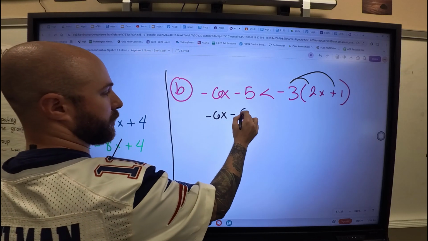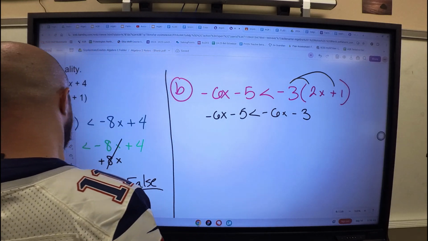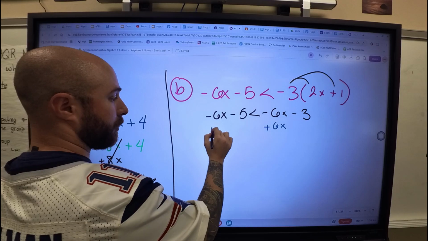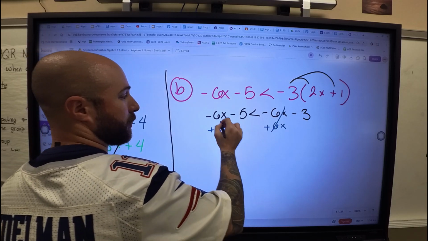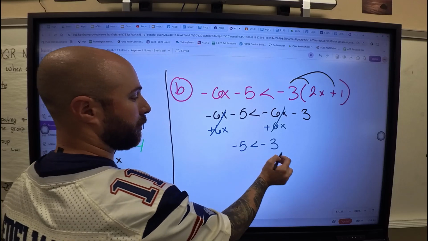Negative 6x minus 5 is less than negative 6x minus 3. We add our 6x from the right side to go to the left. Cancels out our 6x's, leaves us with negative 5 is less than negative 3.